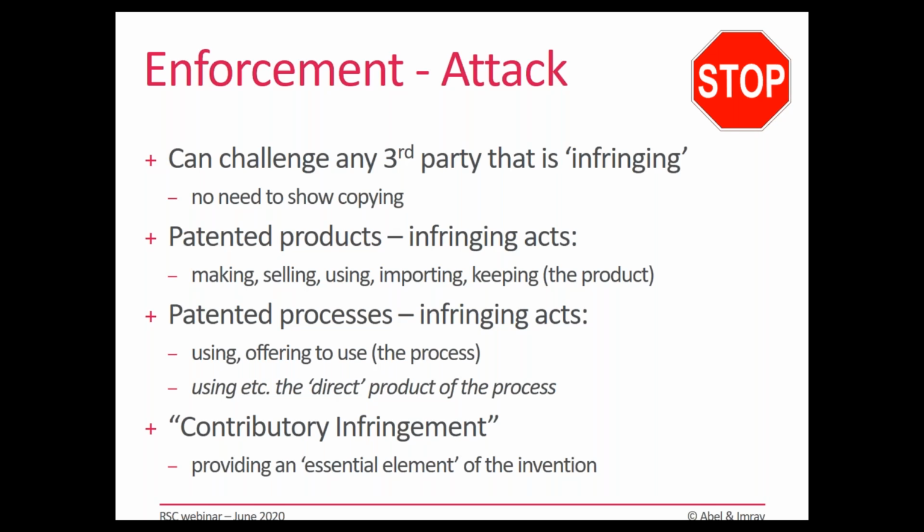So if a third party is providing that element and they know that it's for putting into effect the invention, then that's contributory infringement. There are some exceptions to infringement. So the most common ones are for private and non-commercial use, and there's also exceptions for experimental purposes. But on the whole, the things that are on this slide are what are considered to be infringing acts.